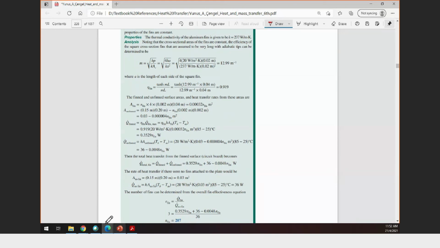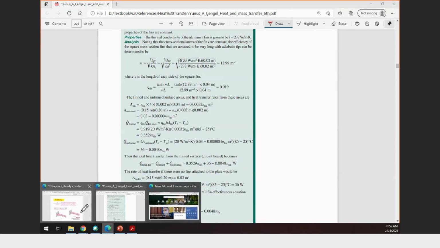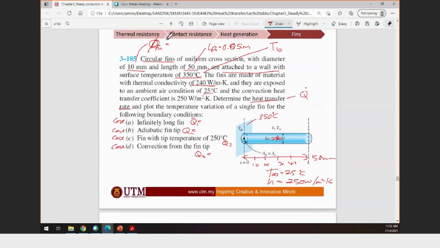In this slide, the example that I explained just now is just to show you how to use the fin equation.